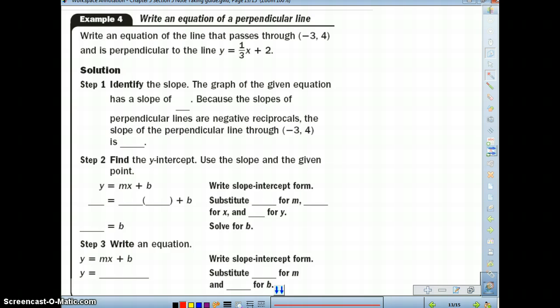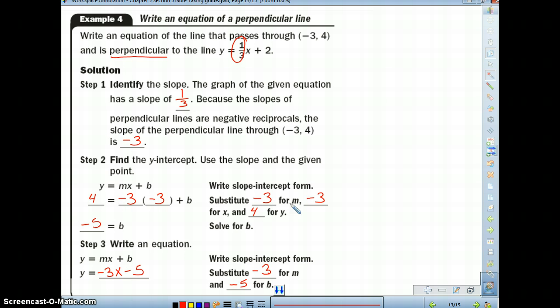Ready? And we'll pause. All right, so let's walk through this. We've got a given slope of this, but we're not using this. We want to find the one that is perpendicular to this line. Because the slopes of perpendicular lines are negative reciprocals, our slope is going to be -3. Flip it, put a negative sign with it.